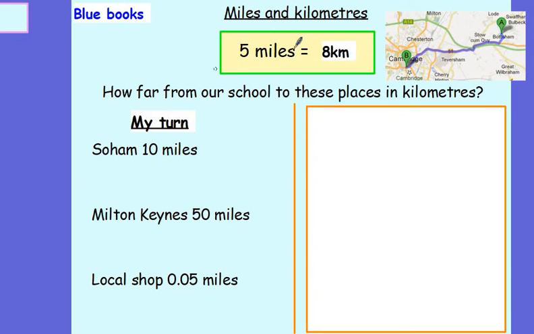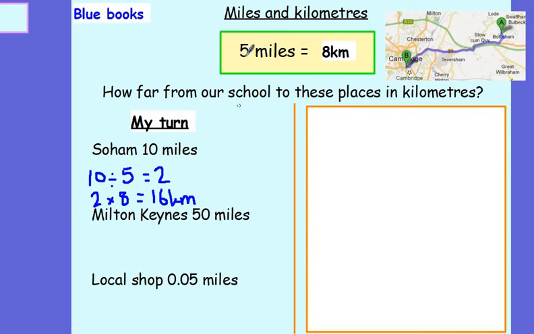So Soham is 10 miles away from Bottisham and I want to work out what that is in kilometres. The first thing I'm going to do is divide it by 5, which gives me 2. And then I'm going to do 2 multiplied by 8, which gives me 16 kilometres.